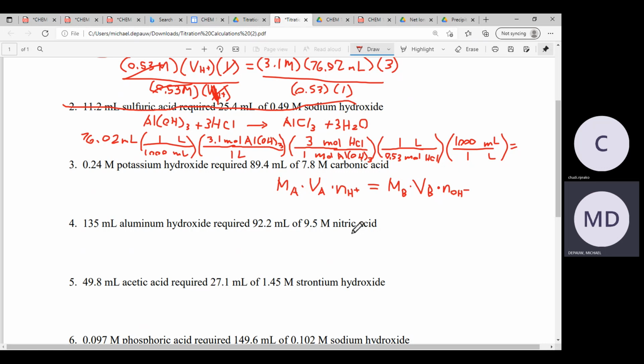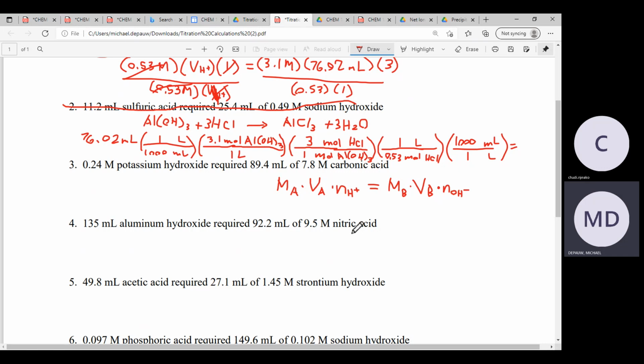In other words, the number of H pluses will be 1 and OH minuses will be 1. And so you could literally just use M1V1 is equal to M2V2 if you wanted. But you can't always use that. Sometimes professors like to throw the 2 H pluses at you or H3PO4, in which case you have to use the other.